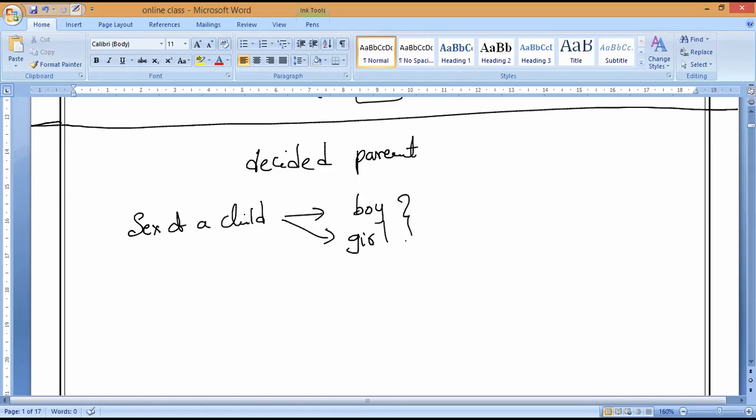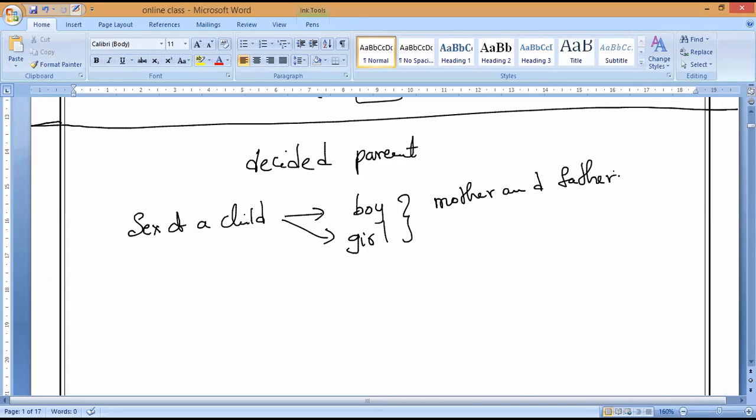The mother and father together will decide whether it is going to be a girl child or a boy child. Now we will describe the inheritance of sex by a child from the parents.